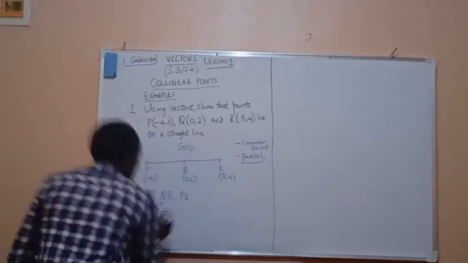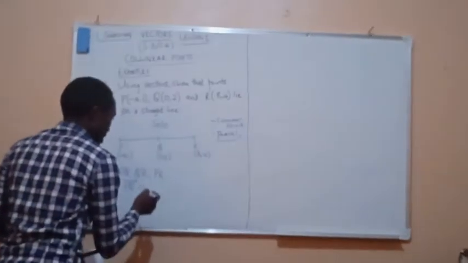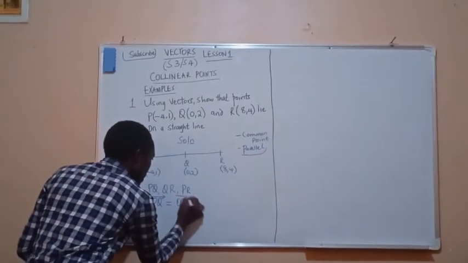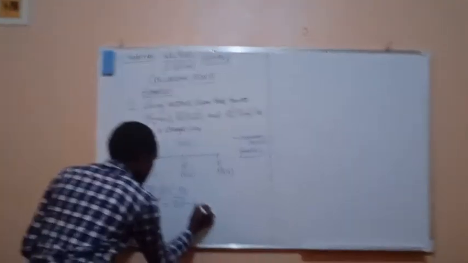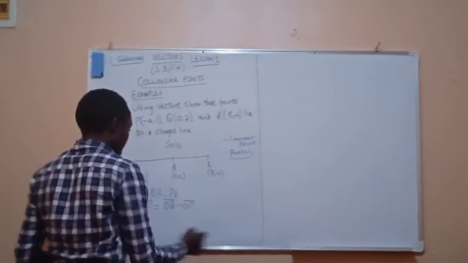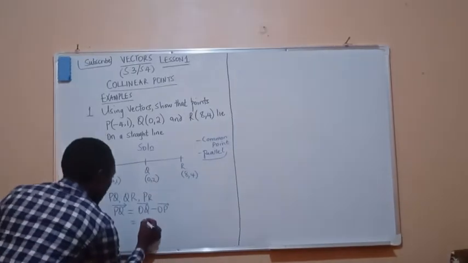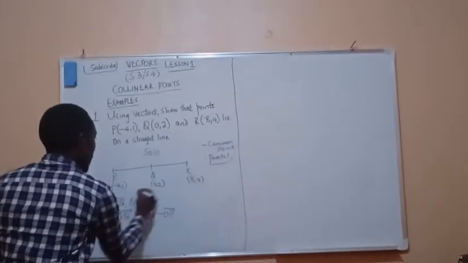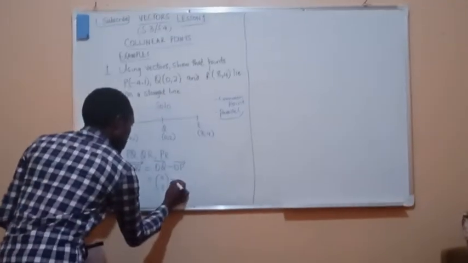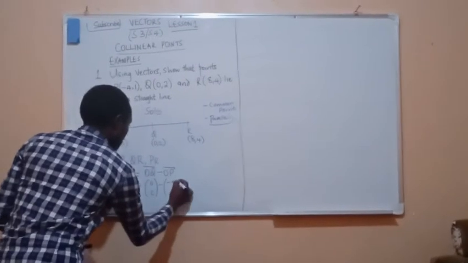Vector PQ is the same as, by vectors, one student is reminding me that we have OQ minus OP. That is a good reminder from him: it is OQ minus OP. Our OQ, that is point Q, will be 0, 2, minus OP, which is -4, 1.